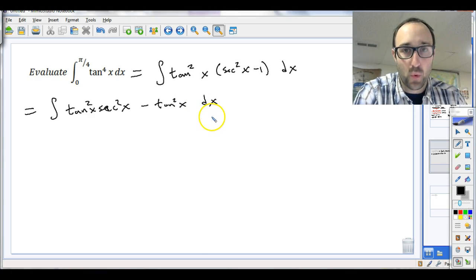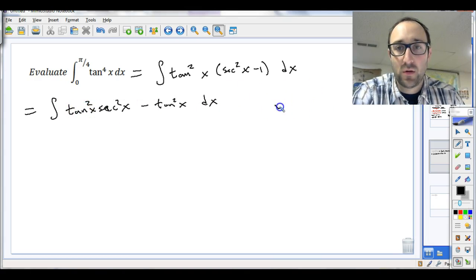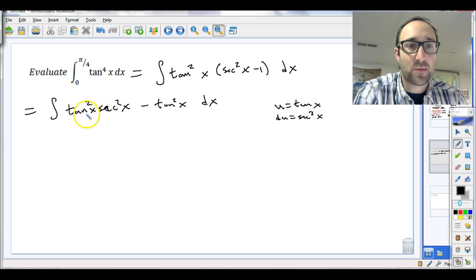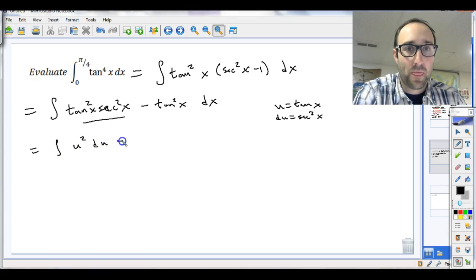Right? Okay, sounds good. So now I know if I make u equal to tangent, then du is going to equal secant squared x dx, right? So this one seems to be in really good shape, so I can rewrite this one as the integral of u squared du minus the integral of tangent squared x dx.